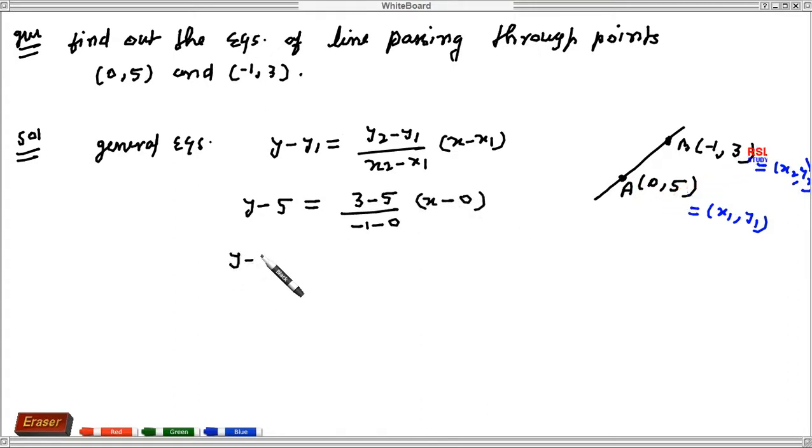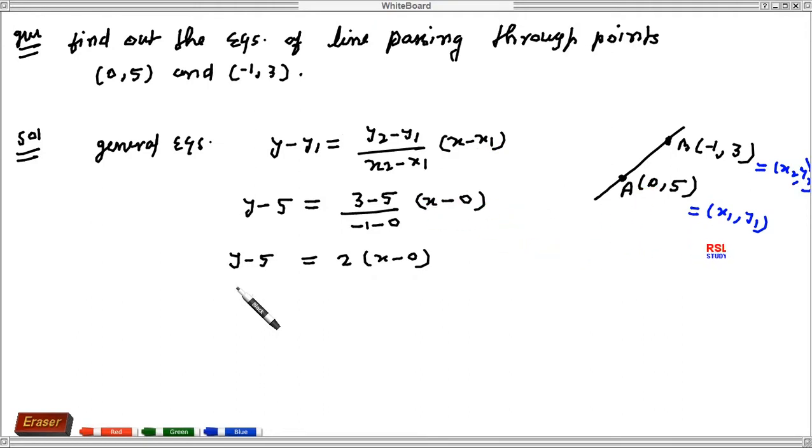This is y1 and this is y2. So 3 minus 5, and x2 minus x1: x2 is this and x1 is this. So minus 1 minus 0. Then x minus x1, and x1 is 0, so x minus 0.